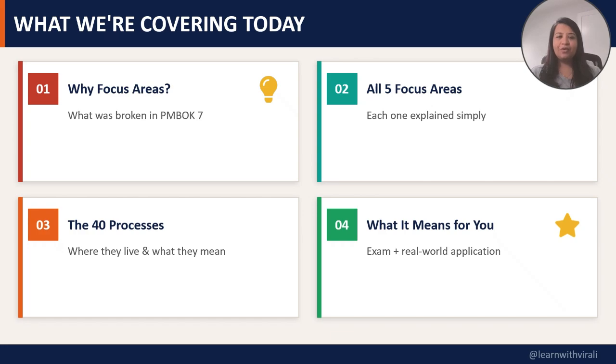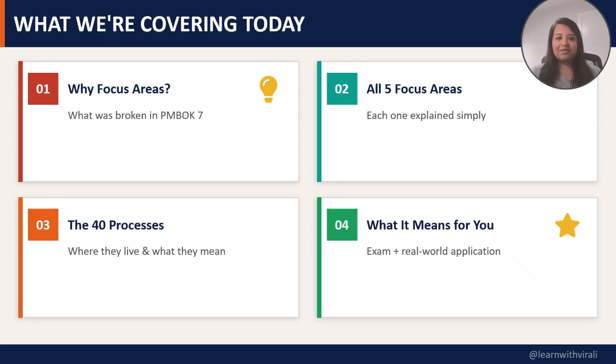So let us see what we are covering in this video. There are 4 things that we are going to cover. First, what was replaced by PMI in these process groups, to understand the real question of what was broken in the first place that led to this change. Second, all 5 focus areas explained one by one, step by step, as I'm going to give you some tricks and tips to remember them in a very easy format.